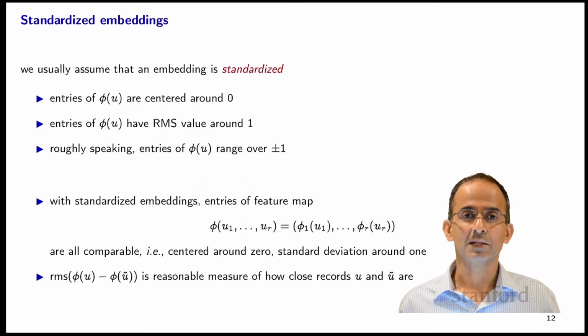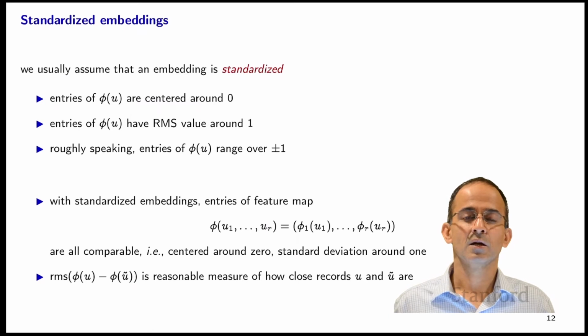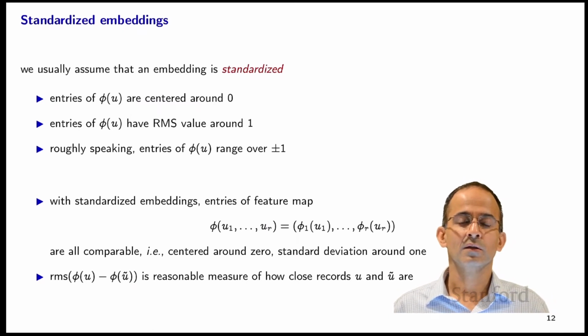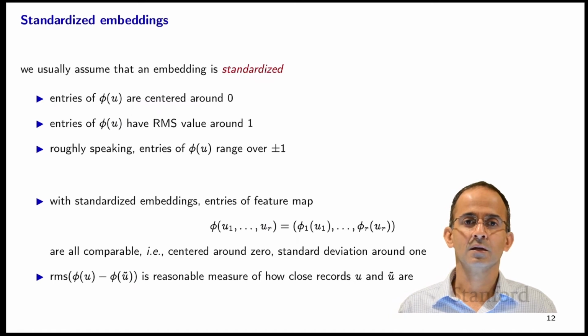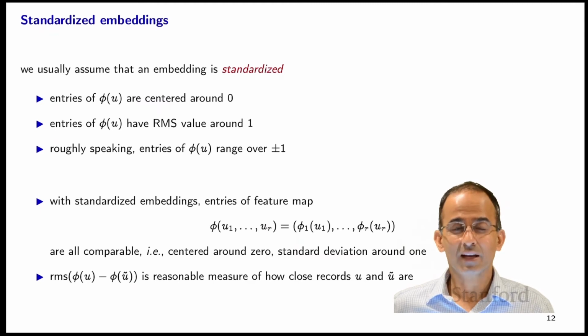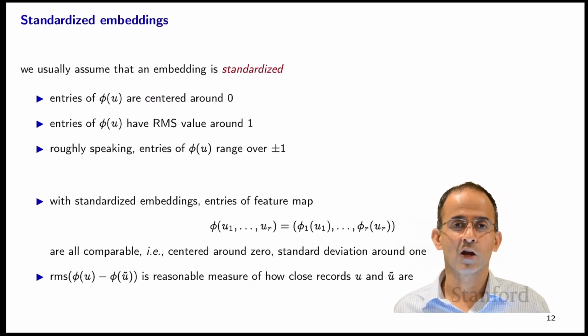And of course that means for a particular data set, we take all of the records u in a data set and we take each of them and embed them under phi, so we get a whole bunch of phi of u's, which is a bunch of vectors, and that set of vectors should be centered around 0, and that set of vectors should have an RMS value around 1.